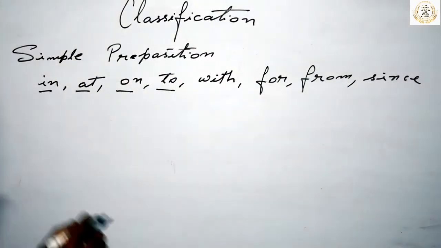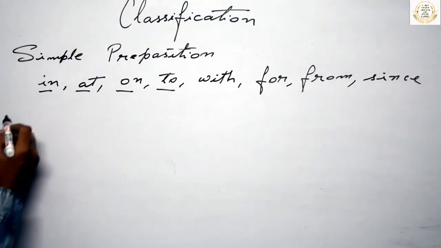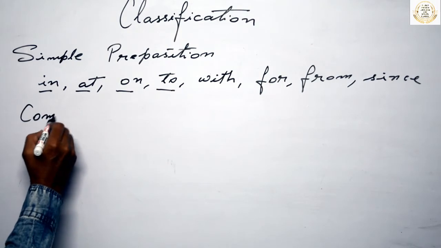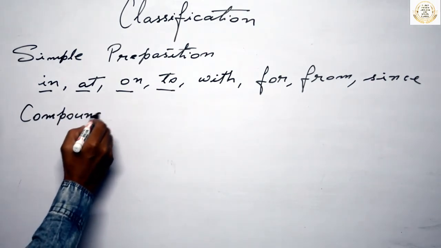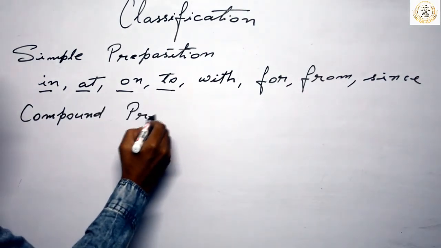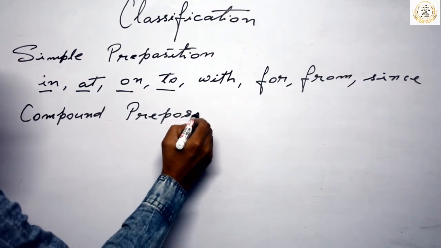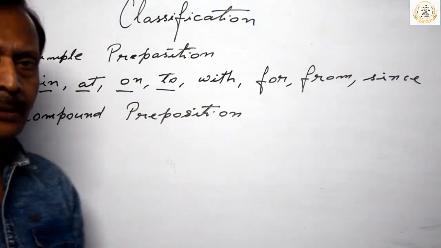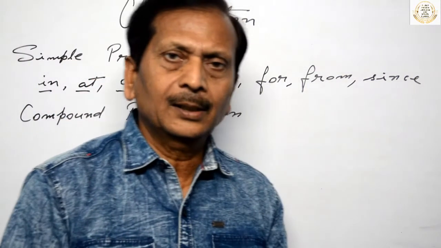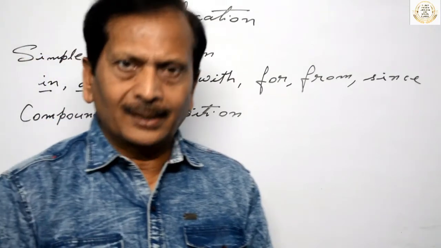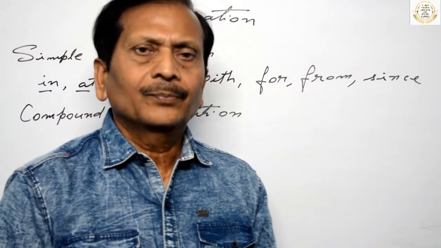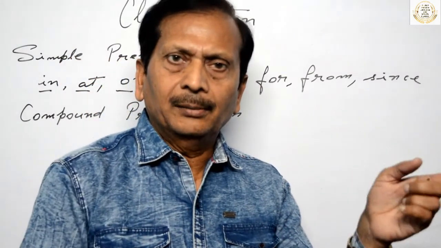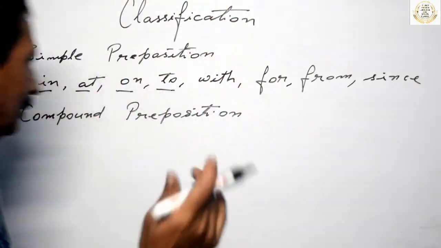And the second part is compound prepositions. What do you mean by compound preposition? A preposition which especially contains a prefix, like a or b. Let us see.